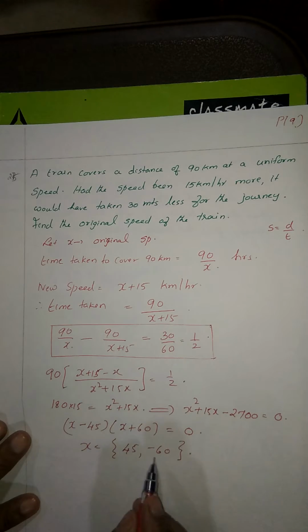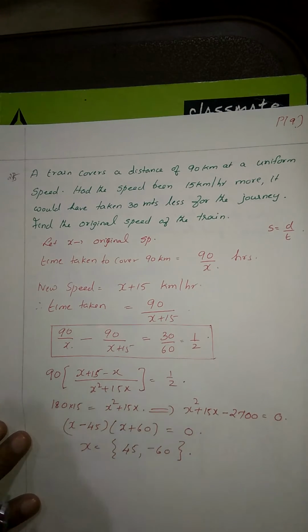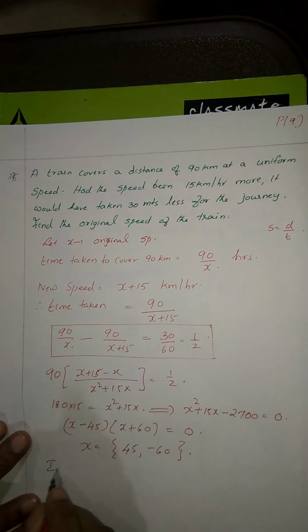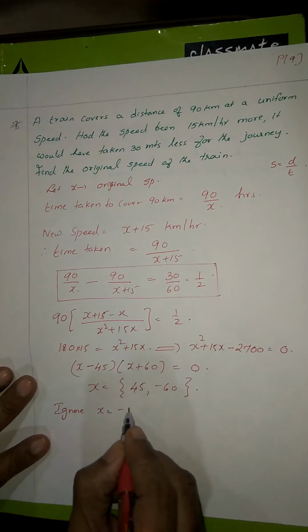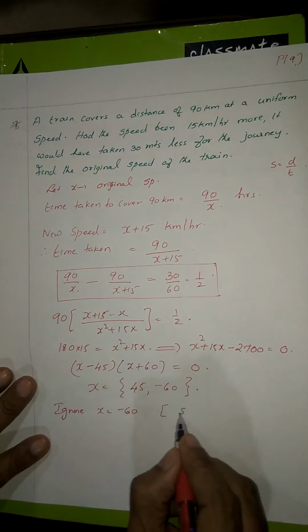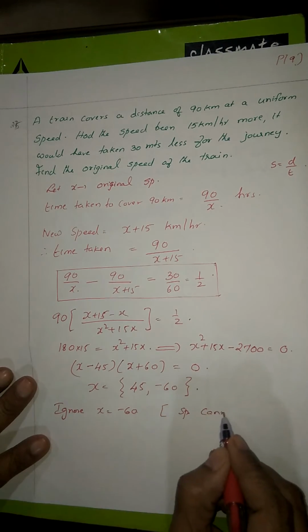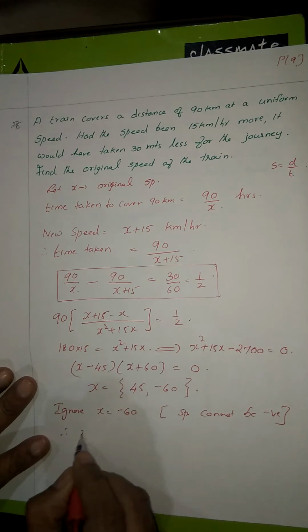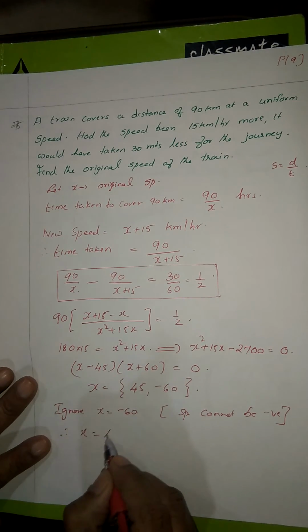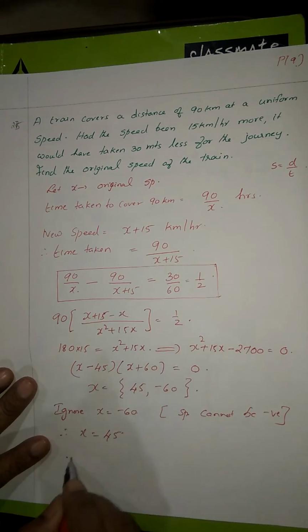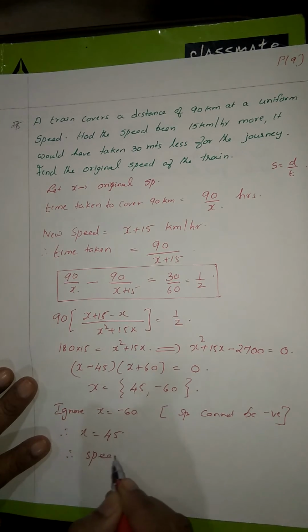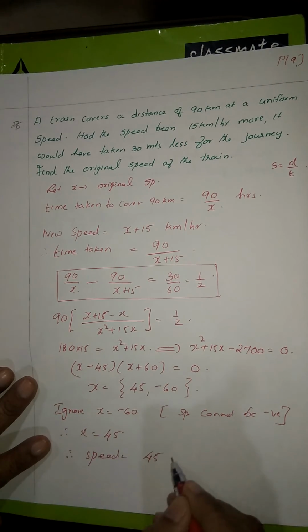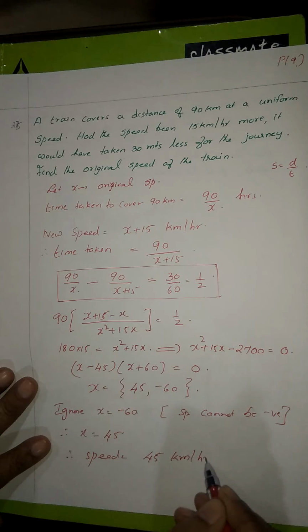We will ignore x is equal to minus 60 since speed cannot be negative. Therefore x is equal to 45. Therefore speed is equal to 45 kilometers per hour.